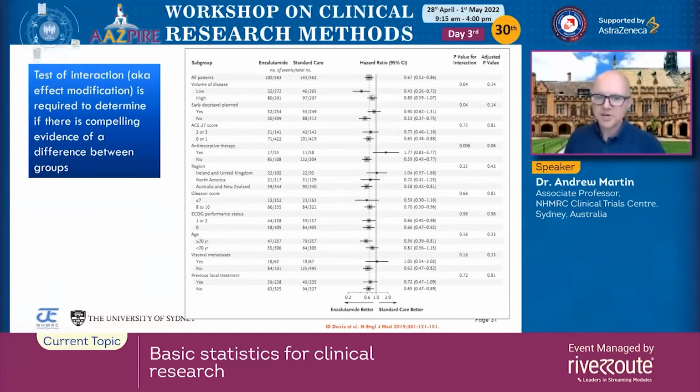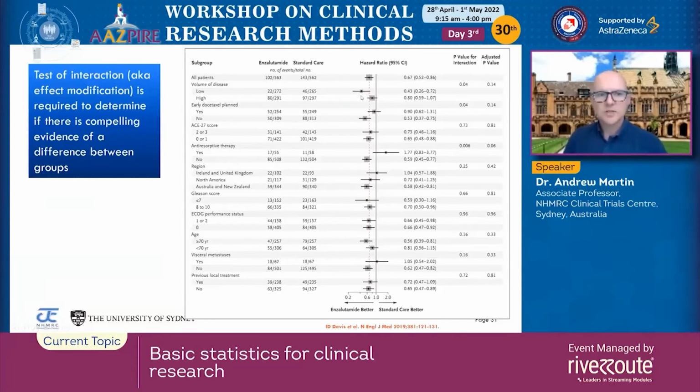The test of interaction, the appropriate test for the subgroup analysis, is whether the observed difference between those two hazard ratios is consistent with the play of chance or not.